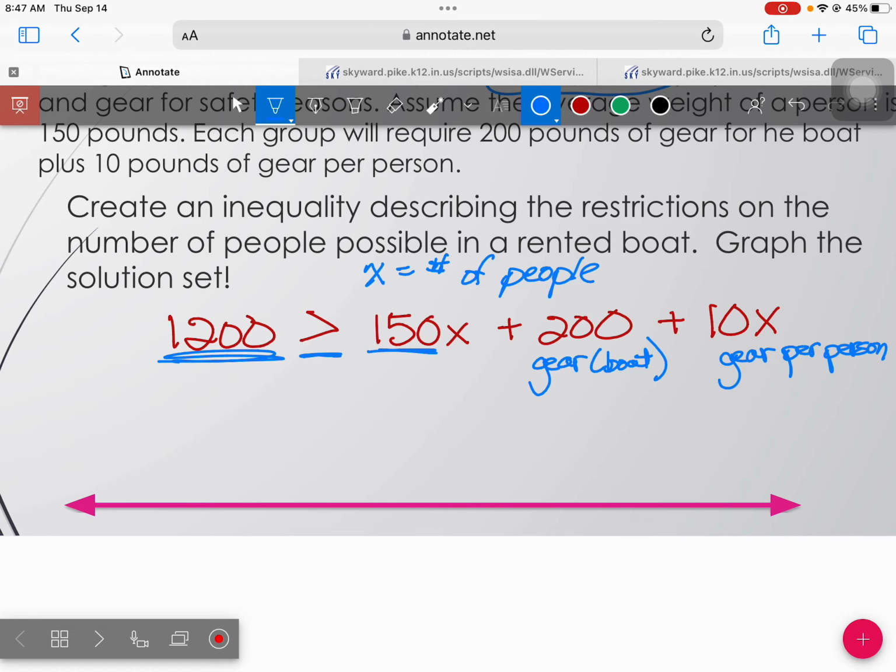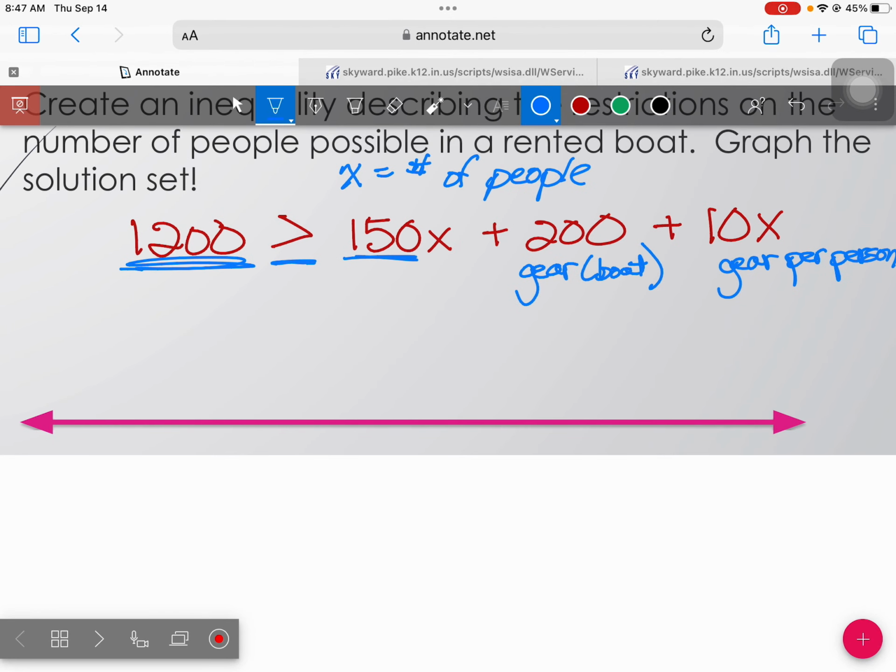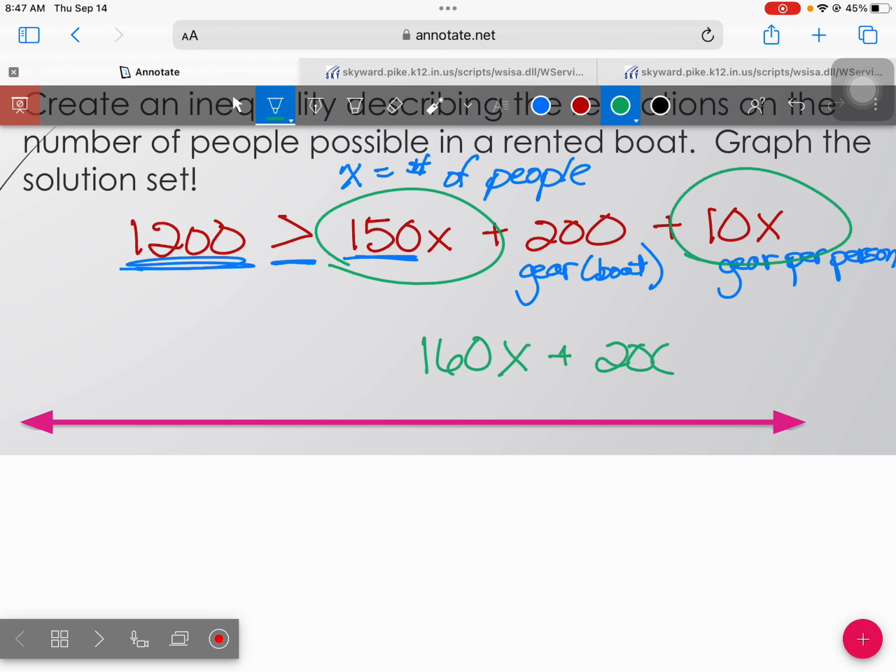All right, now let's simplify this. And Chris said you've got some like terms here. So this is going to be 160x when I add those together, plus 200, and we're comparing that to 1,200. So at this point, it's just an inequality problem, right? What would you do?